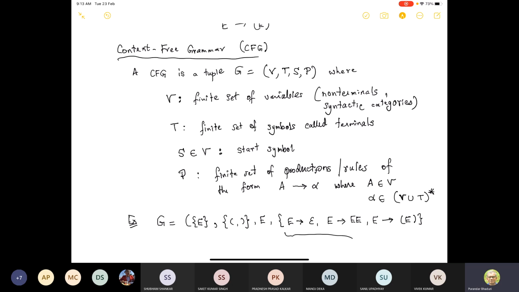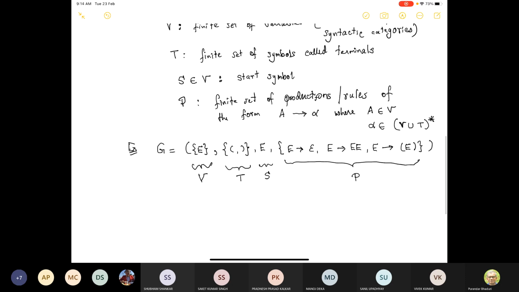So this is the set of productions, P. This is V, this is T, and this is S, the start symbol.